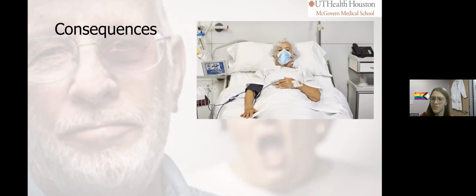And so what happens when mistreatment occurs? Well, certainly increased incidence of acute and chronic exacerbations of health conditions. For older adults, the idea of frailty is that you have a harder time maintaining homeostasis, especially when there is an internal or external stressor.